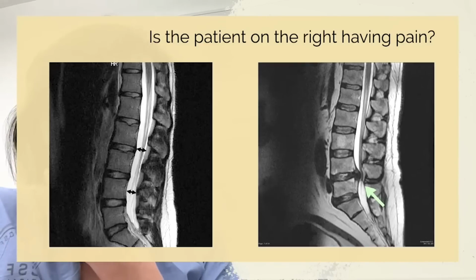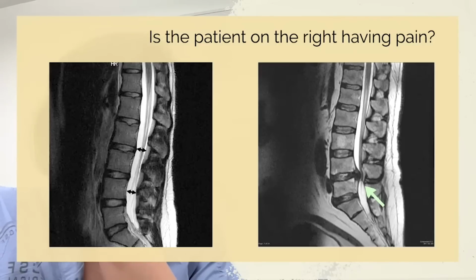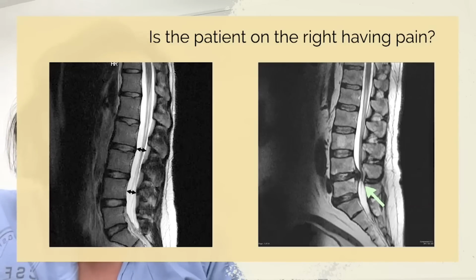What I tell patients with MRI scans is that, especially as we go into 2023, 2024, and our technology gets better and better, it's like getting the best iPhone, where the camera is so good that you're bound to find these quote unquote abnormalities on these scans, but they don't necessarily correlate with pain.